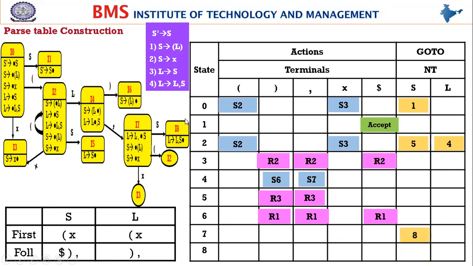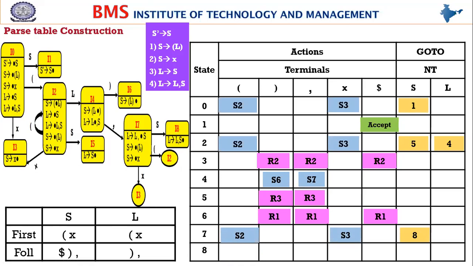Similarly, from state 7, we have three outgoing lines: S, open parenthesis and X. S is a go to, so on S we are going to state 8, but on opening parenthesis, we are going to 2, and on X, we are going to 3.